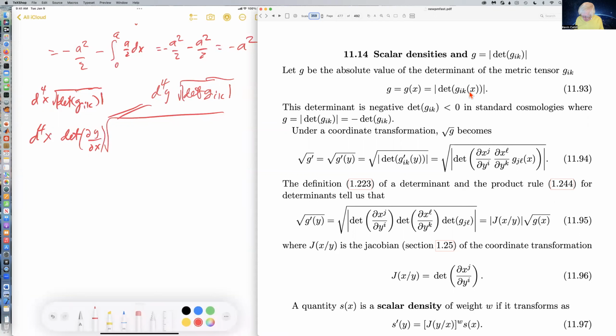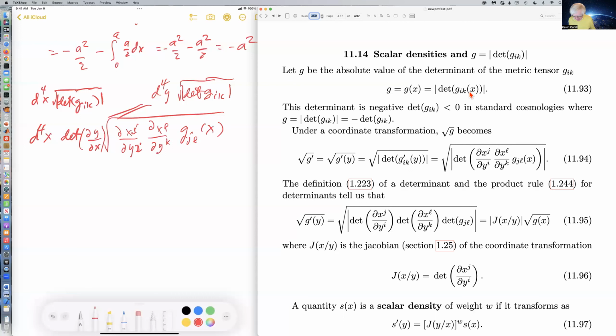And then the determinant of g_ij in the x coordinates compared to the y coordinates is partial x^i partial y, actually, I had a j here, so let me just keep it straight. Partial x^l partial y^k g_jl of x.